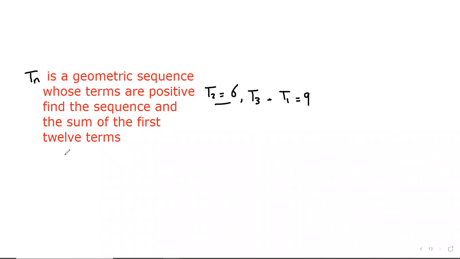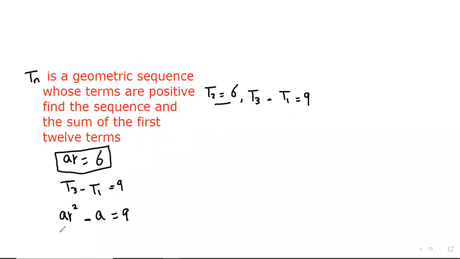That means AR equals 6. And T3 minus T1 equals 9. T3 is AR to the power of 2, minus T1 which is A, equals 9. So we can take A as a factor. You are left with A times R to the power of 2 minus 1 equals 9. That is the second equation.